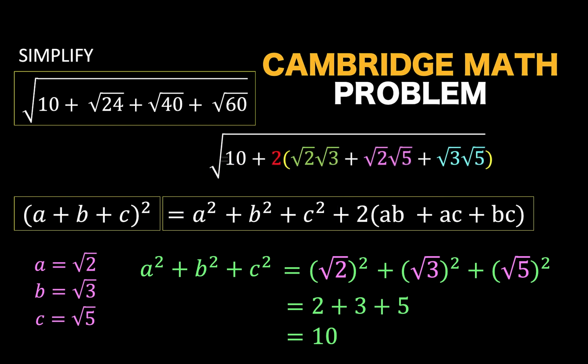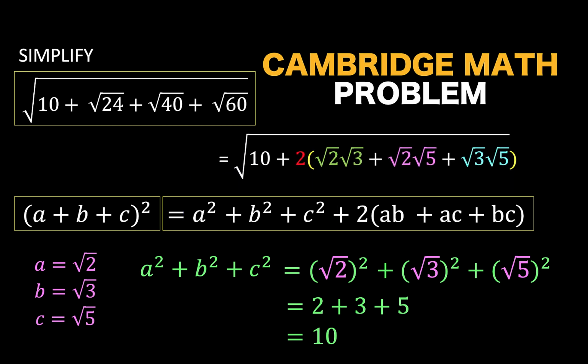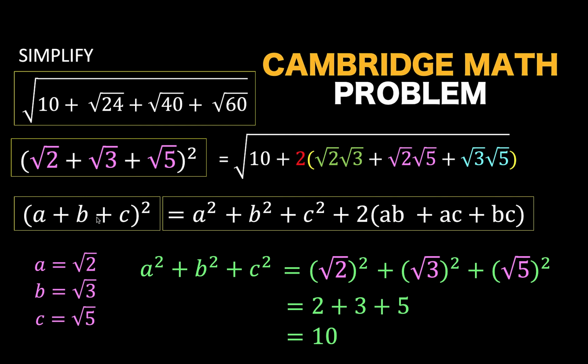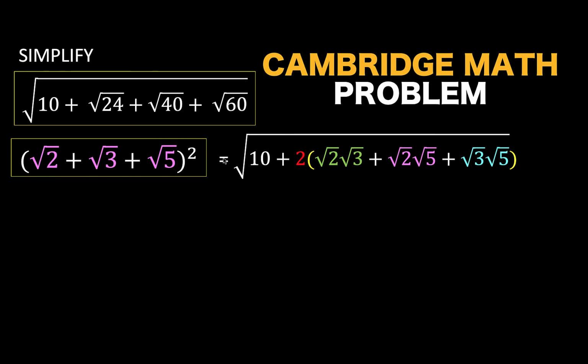So we can now therefore say that this expression at the right must be equal in form to this part. So we now have the quantity square root of 2 for A plus square root of 3 for B plus square root of 5 for C, everything squared. And so let's just concentrate on these final results.